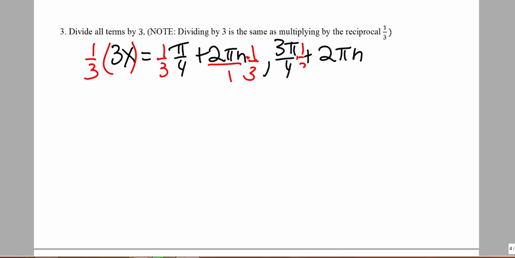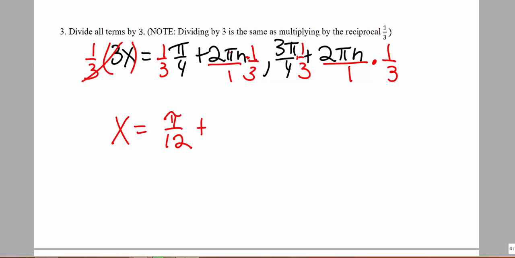So we're going to multiply the angle out front by 1/3, and then we're also going to multiply the 2 pi n by 1/3. So we get x is equal to pi divided by 12 plus, and when we multiply 1/3 times 2 pi n, we get 2 pi divided by 3 times n.